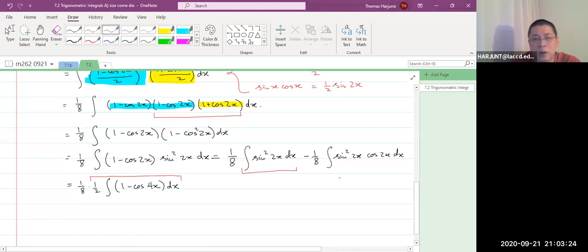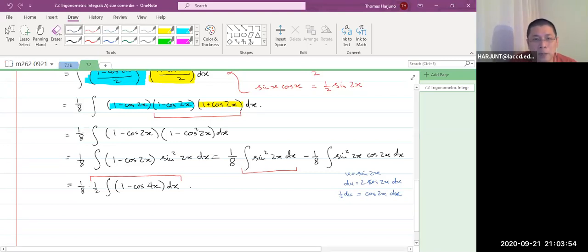Well, this part here, I do substitution. U equals sine 2x, so du will be 2 sine, I'm sorry, 2 cosine 2x dx. Or cosine 2x dx is 1/2 of du.